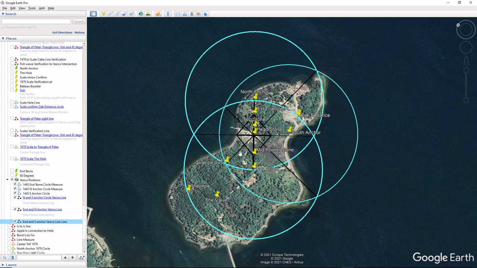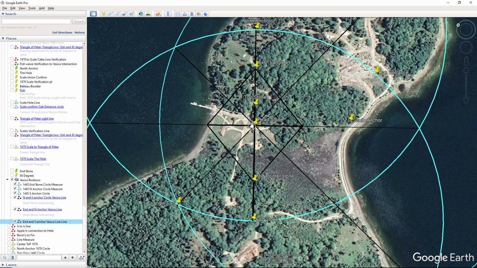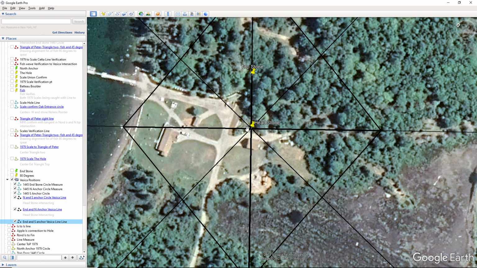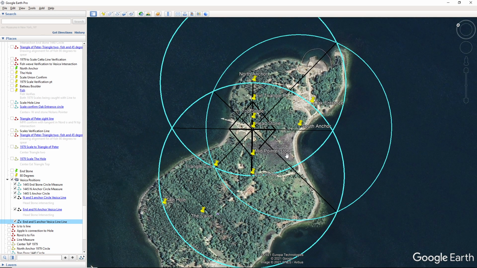If you find that this Vesica Pisces, if you find the center of the south anchor, you would take the Vesica Pisces and cross them through the headstone out, and you would get the 4 points of the radius of a circle.